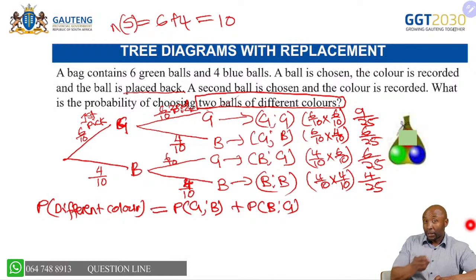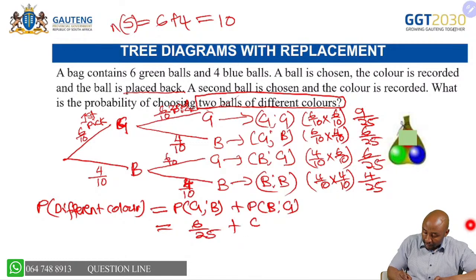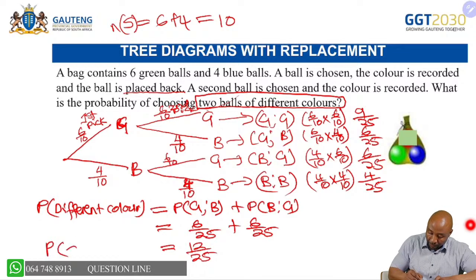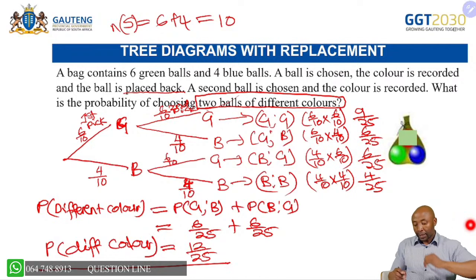We take those outcomes from the tree diagram. We have got green and blue, 6 over 25 plus 6 over 25, and that will give us a probability of 6 plus 6 over 25, which is 12 over 25. You can simplify it. For P different color, we get our outcomes like that.